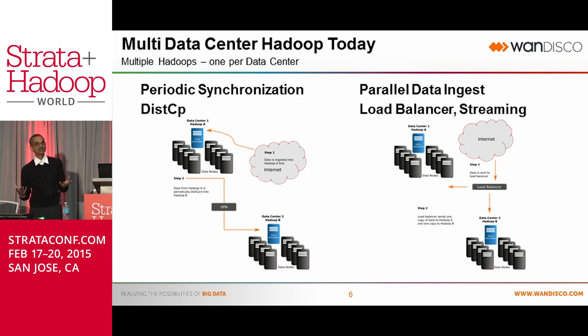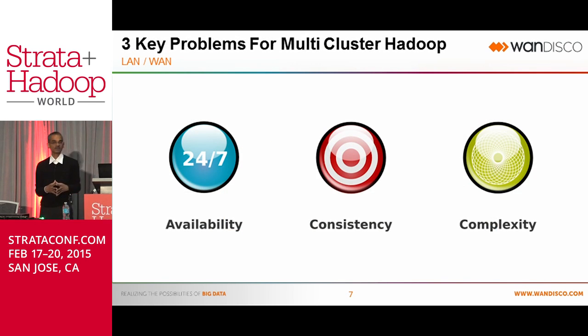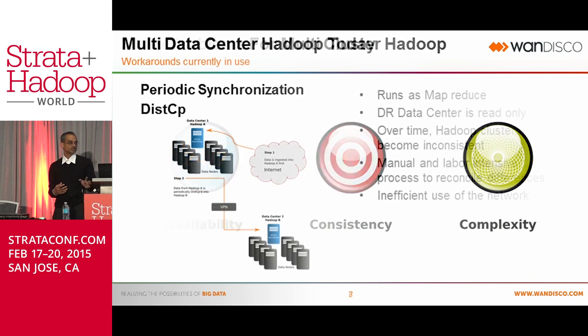Again, you have a set of challenges, including your data ingest system now becomes a huge point of failure. The three challenges that you will encounter when it comes to multi-data center deployments is availability, consistency, and complexity of management. Solutions such as DistCP do not scale linearly when it comes to management complexity.